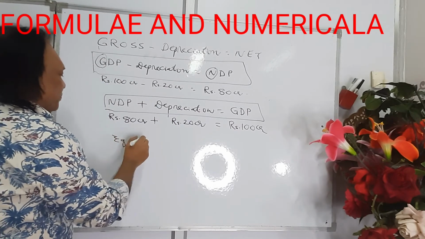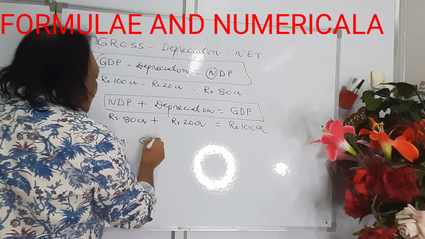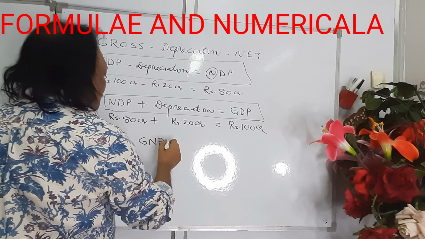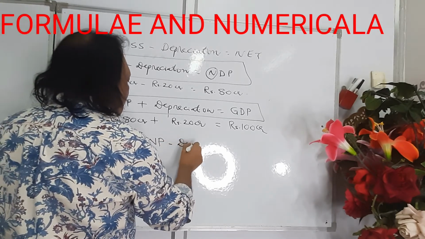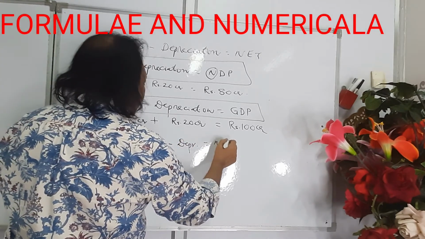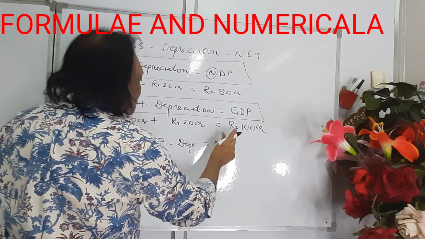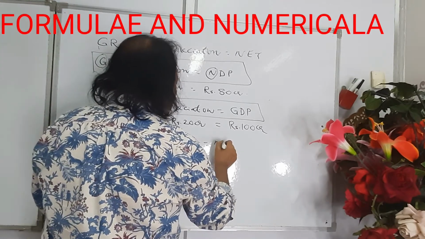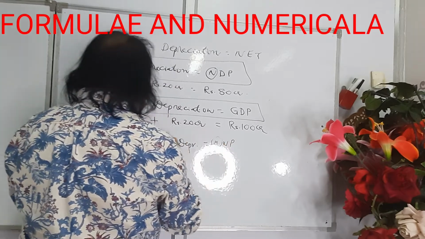For example, gross national product minus depreciation will give you net national product. Nothing will change, only this part will change.